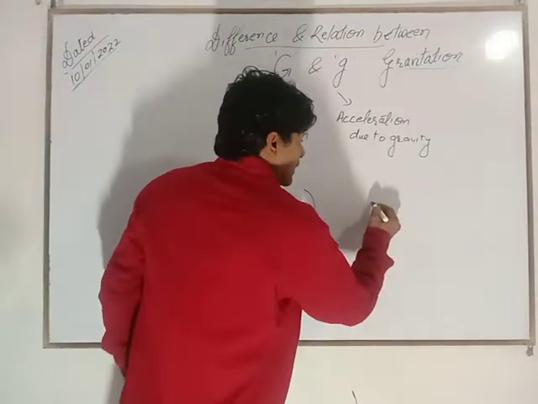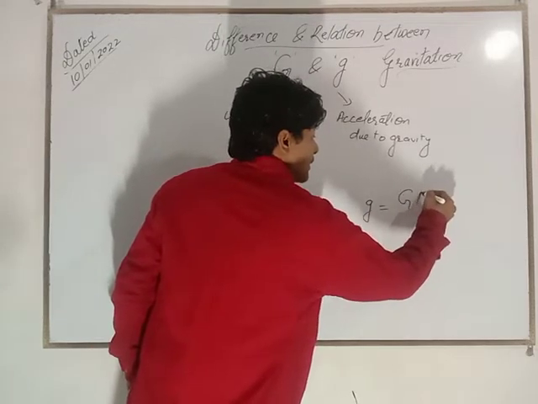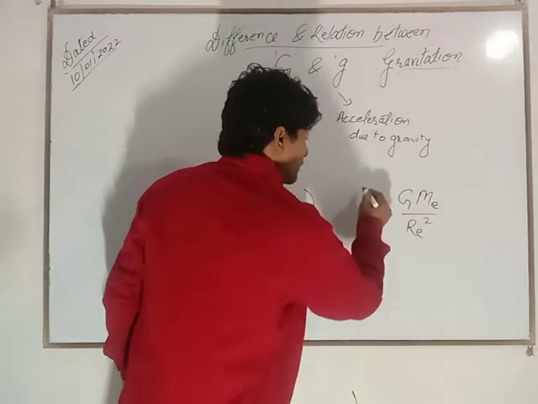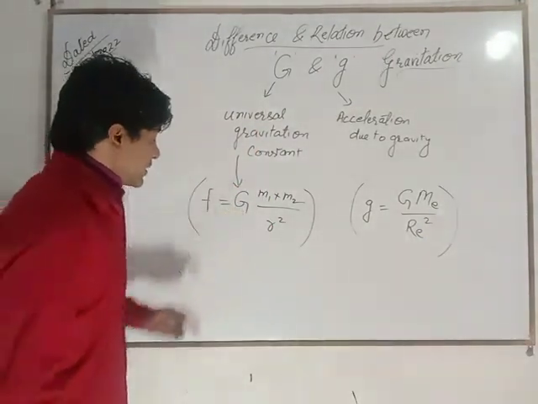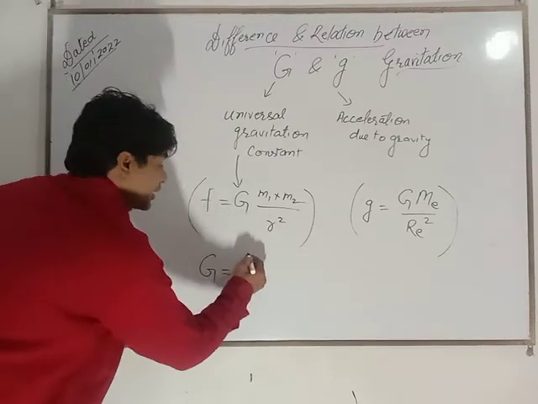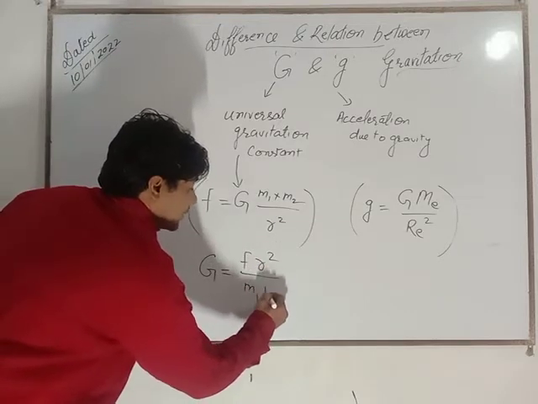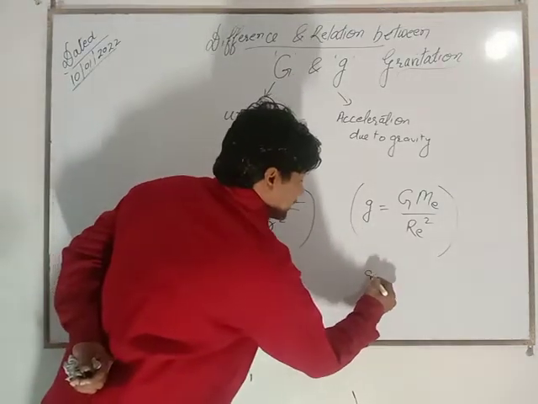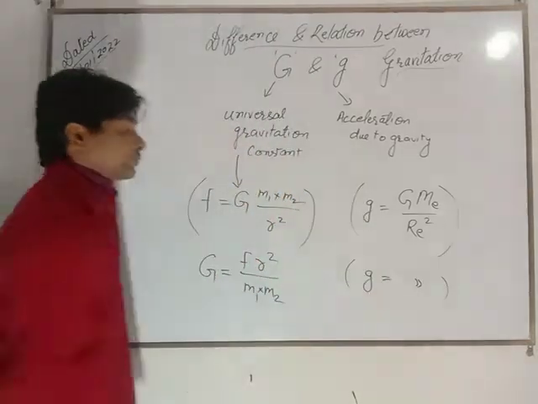Now small g is equal to capital G times the mass of the earth upon the radius of the earth squared. This is the small g formulation, right? Here you can say G is equal to F r square upon m1 m2.